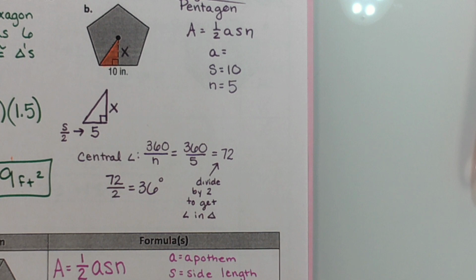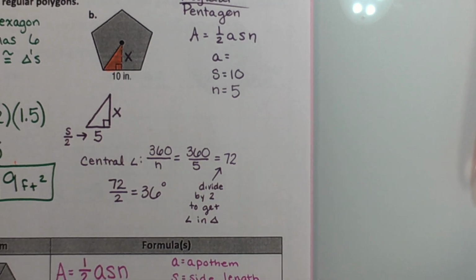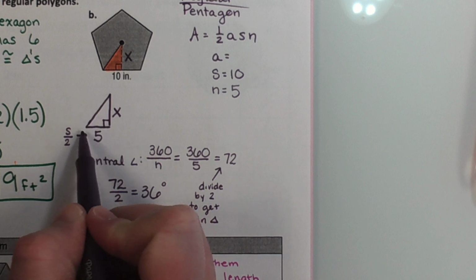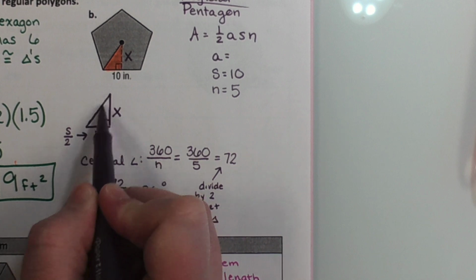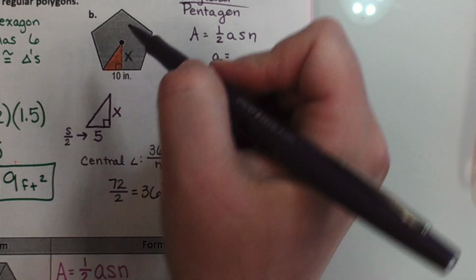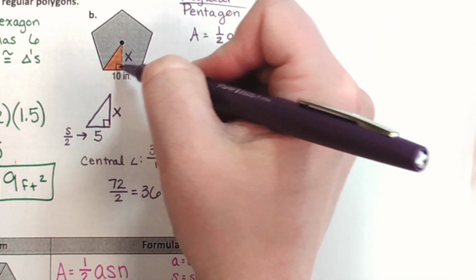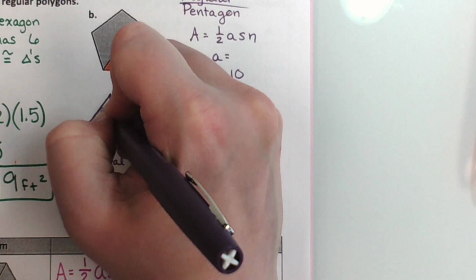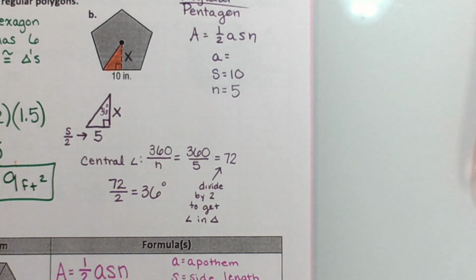That's a key thing to look out for because sometimes these triangles are going to be in different locations. So in this case, is that the top or the bottom acute angle? The top, because this is what my triangle looks like. So 36 degrees goes there.